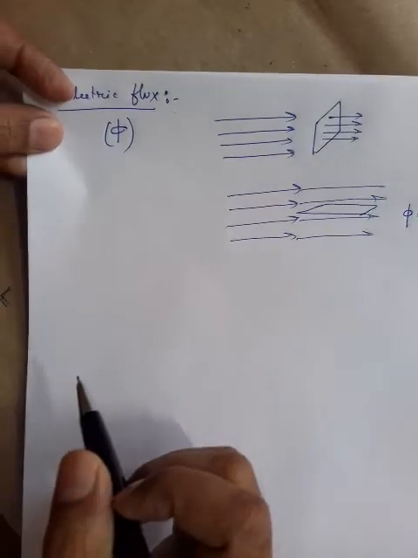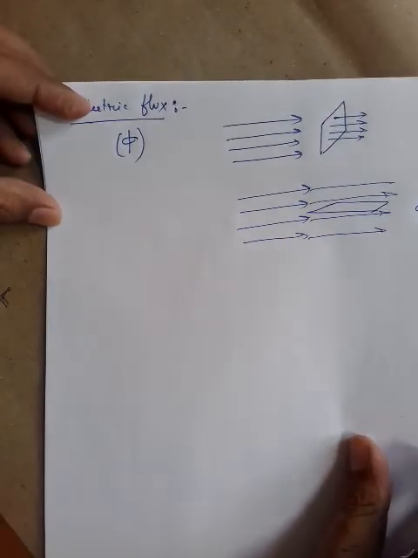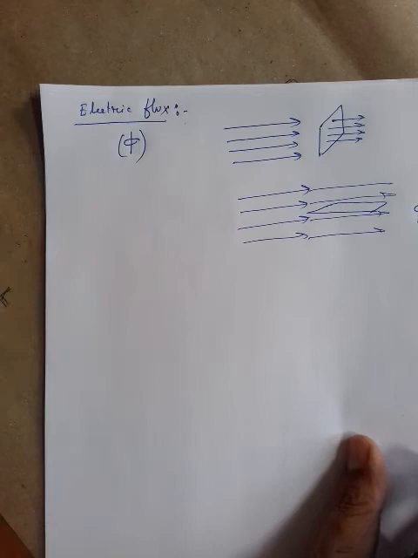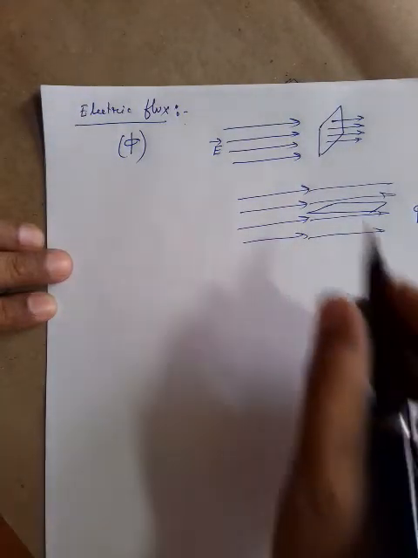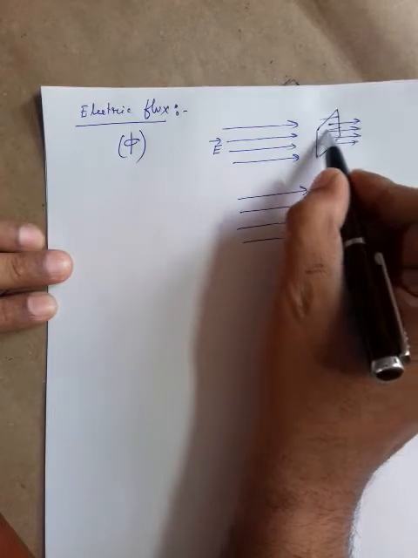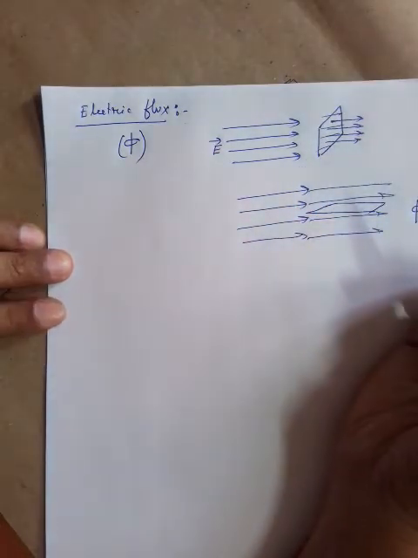So how to identify one mathematical equation for flux. Here I am drawing electric field as field lines. Electric field is a vector quantity. Area, this is one surface whose area we should consider.